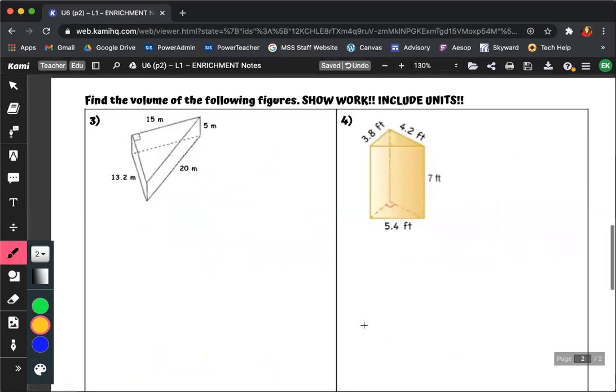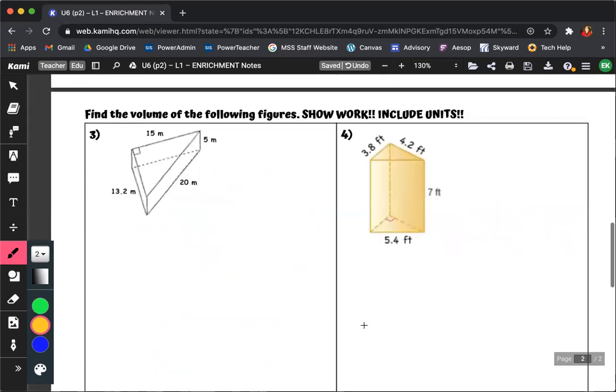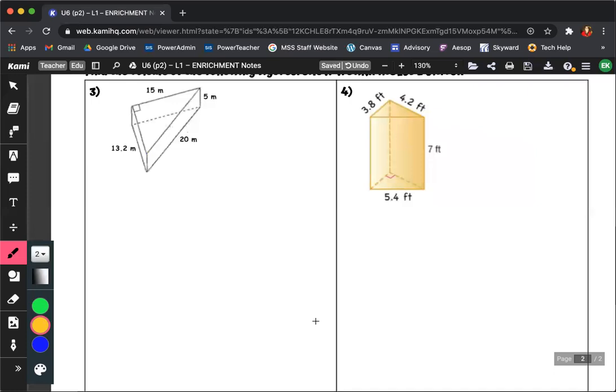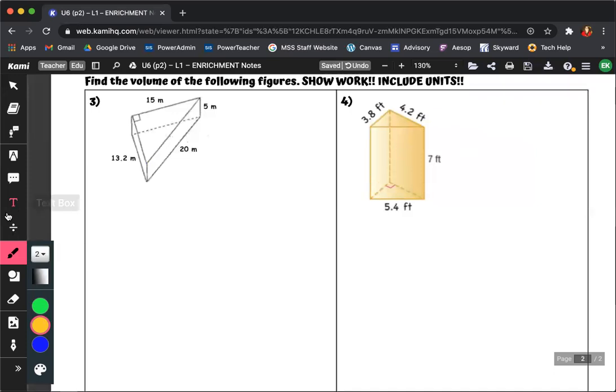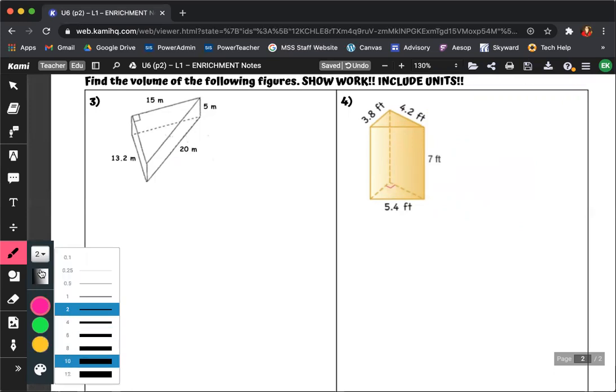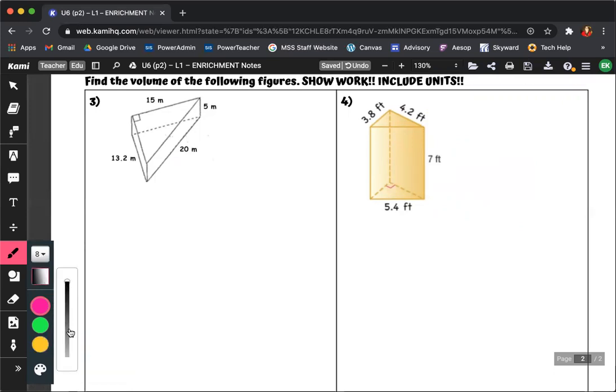All right, let's look at another example. Number 3, looking for my triangle. I'm going to highlight where the triangle is. So I see that here. We have our triangle.